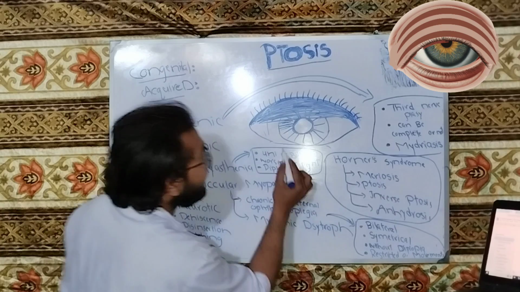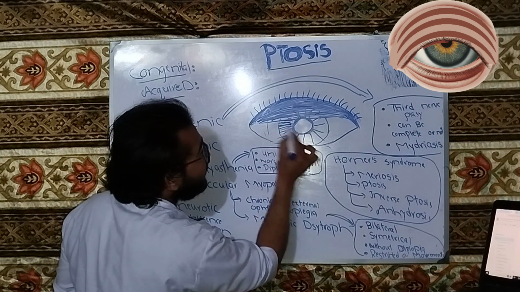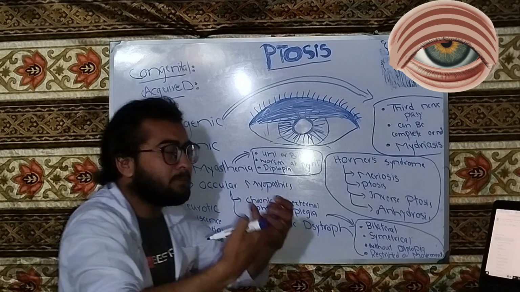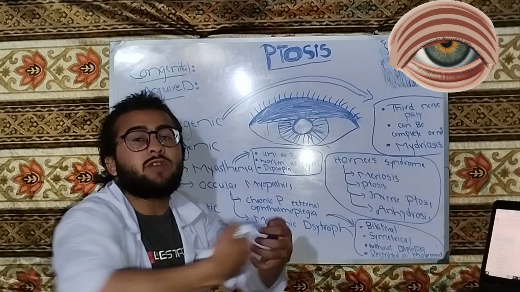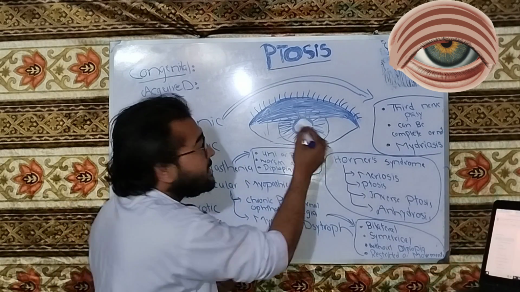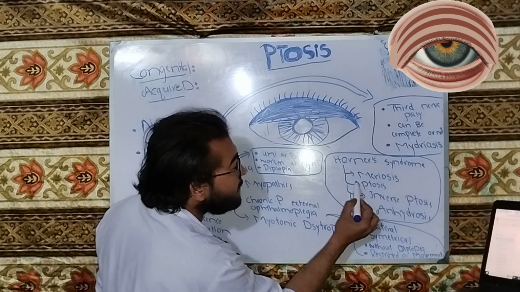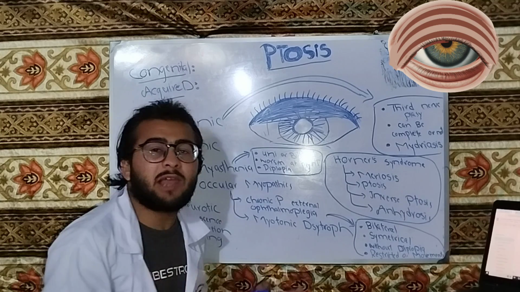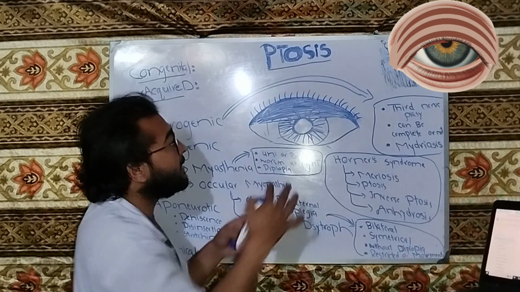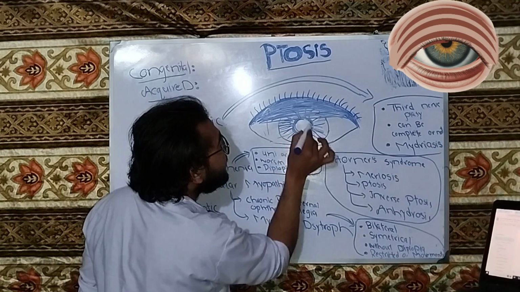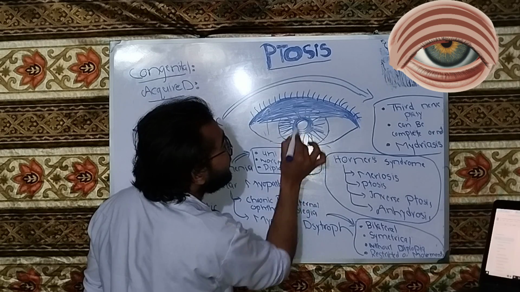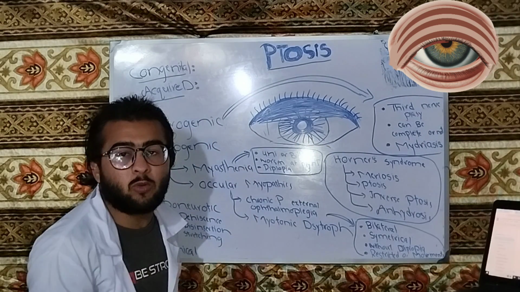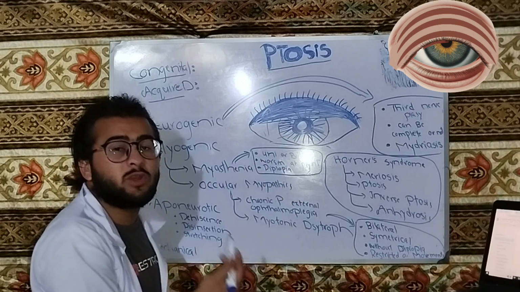The dilator pupillae muscle is supplied by the sympathetic chain, and the action of this muscle is to dilate the pupil and to oppose the sphincter pupillae. So when there is damage to the sympathetic chain, the sphincter pupillae will not be opposed, and it will constrict and cause miosis.